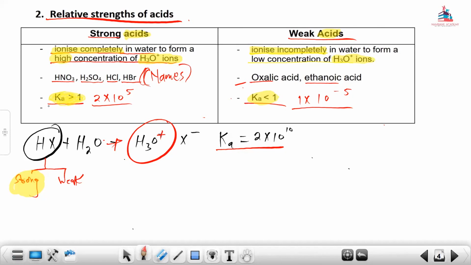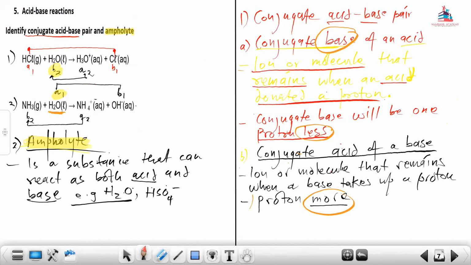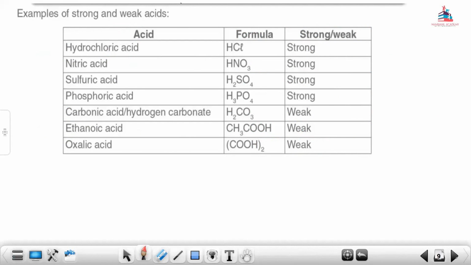Then I emphasize the issue of Ka value. If the Ka value is greater than 1, that acid must be a strong acid. So I compiled a list of the basic ones that we need to know. Ladies and gentlemen, you need to know relative strength, which is here.